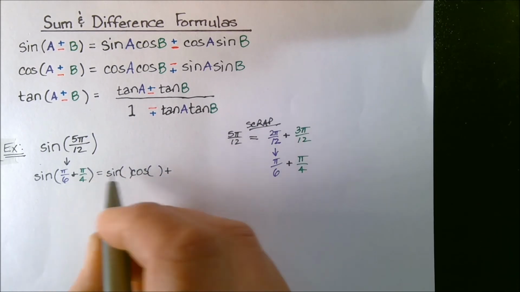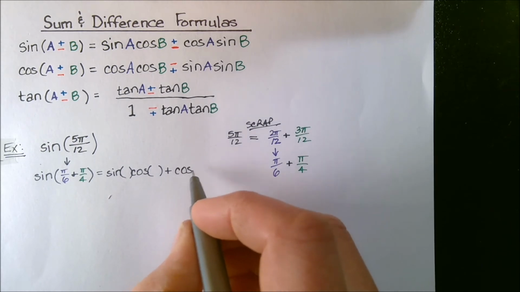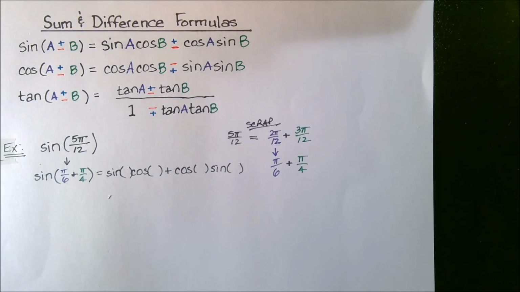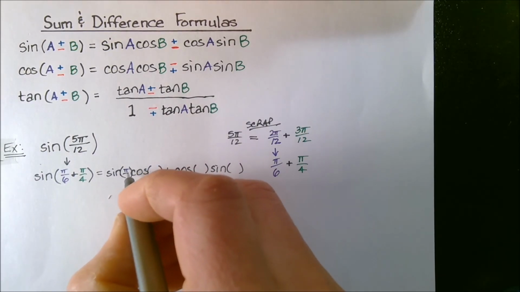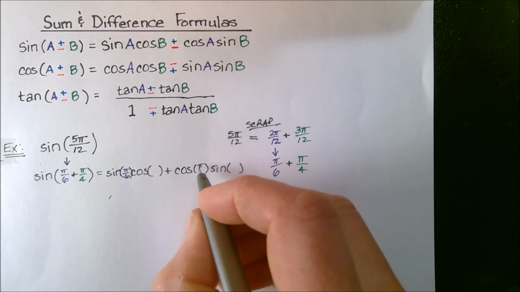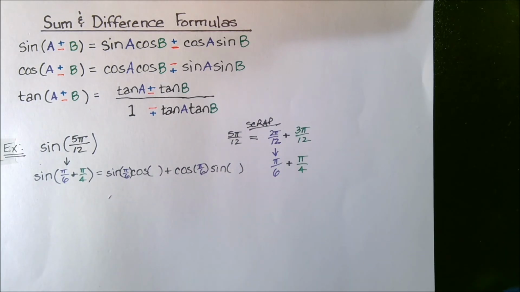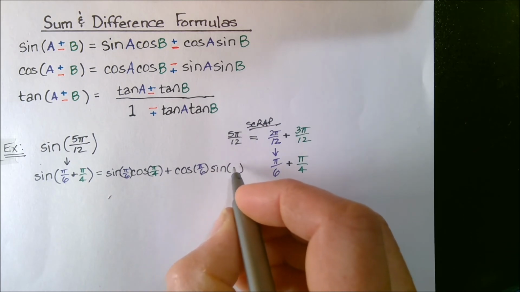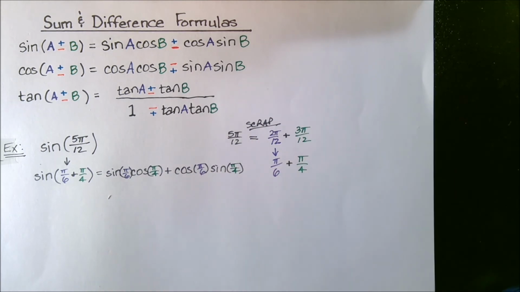Plus, because it's the same sign, cosine of the first, sine of the second. So now I'm going to fill in those angles. Sine of the first, cosine of the second, cosine of the first, sine of the second.